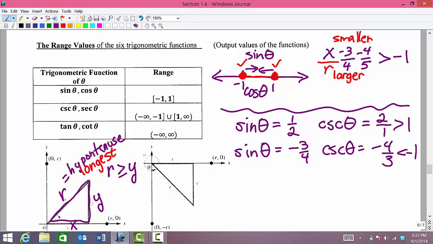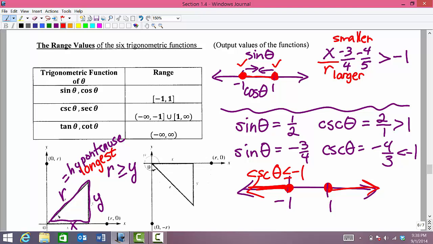So for cosecant and for secant, the values would have to take on the opposite values of sine and cosine. In other words, starting at -1 and going toward the left, and starting at +1 and going toward the right. So if sine and cosine are in between -1 and 1, then cosecant and secant would have to be either smaller than -1 or equal to -1, or larger than +1 or equal to +1.